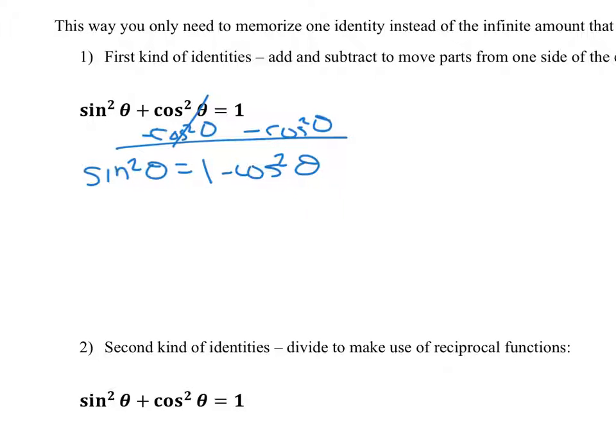Identities mean one side is equal to the other side. So I know now that if I have something that says sine squared, I could also put 1 minus cosine squared, and vice versa. So the other one, you could just go the other way, where I would take sine squared theta plus cosine squared theta equals 1 to start with, and I could subtract the sine squared.